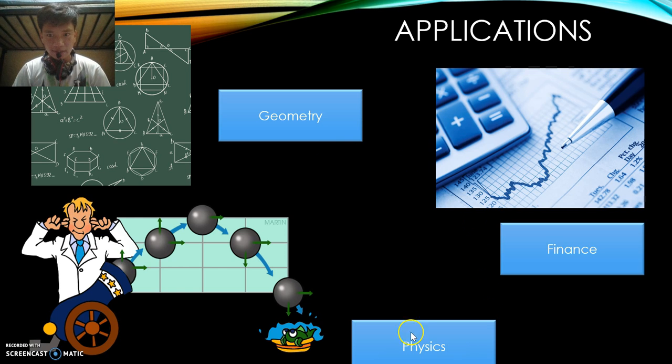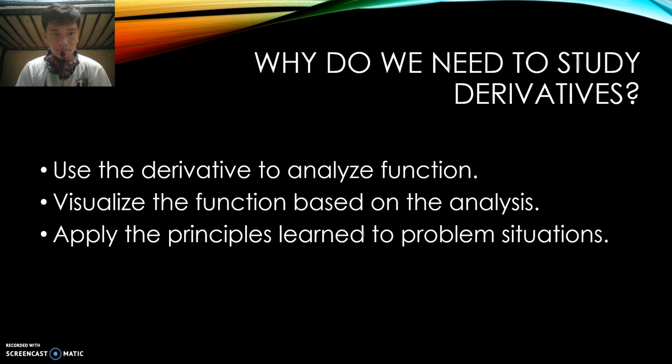Next is physics, which deals with the rate of change, especially in velocity and acceleration. Lastly is finance. We use derivatives to determine the marginal cost and other formulas that will predict or analyze business trends in the business world.